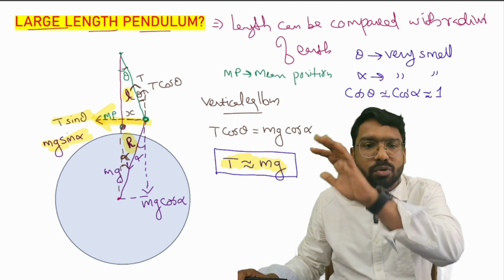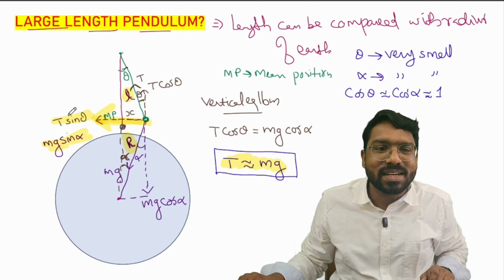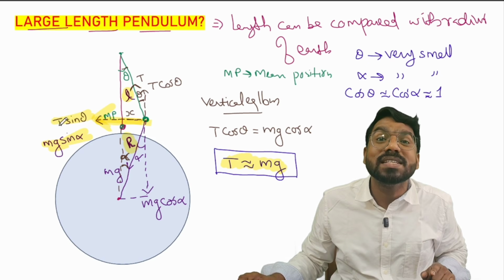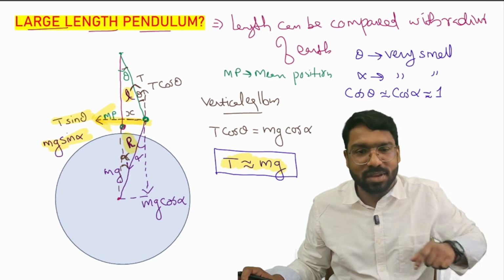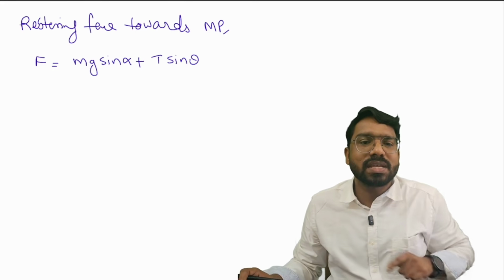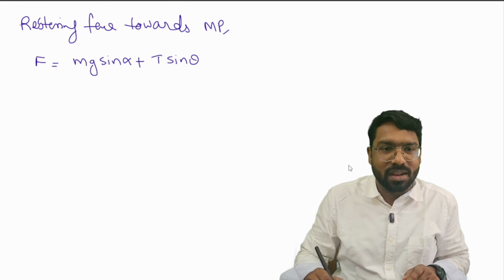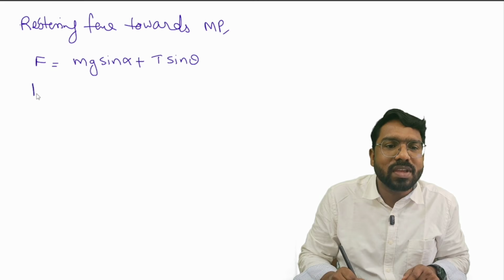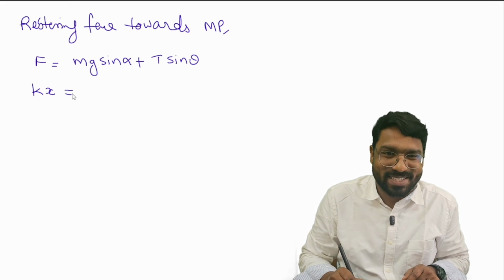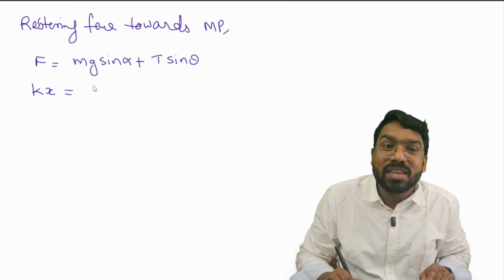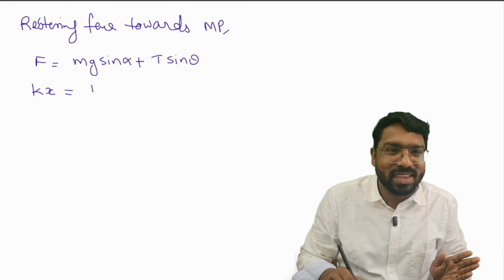You want to look at it again? You can see T sin theta and mg sin alpha. So the restoring force we can write as Kx. So Kx equals mg sin alpha plus T sin theta.